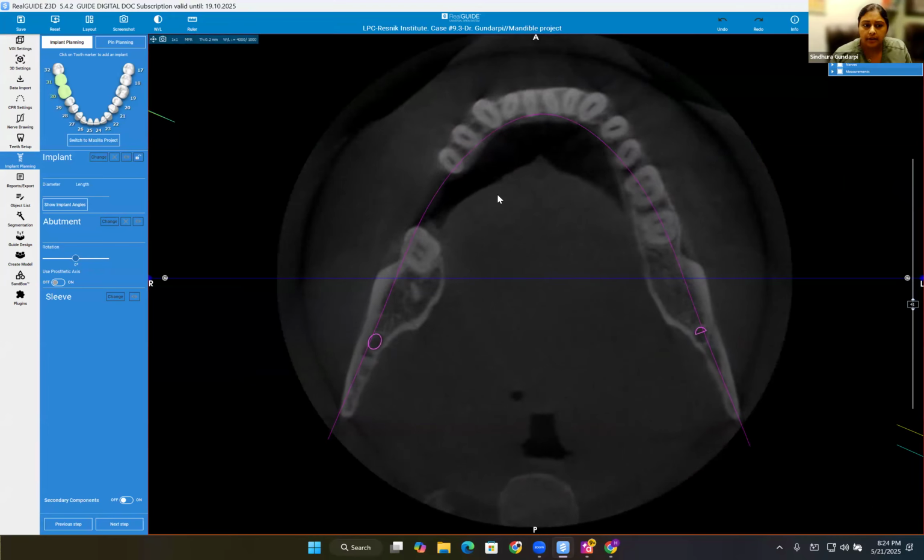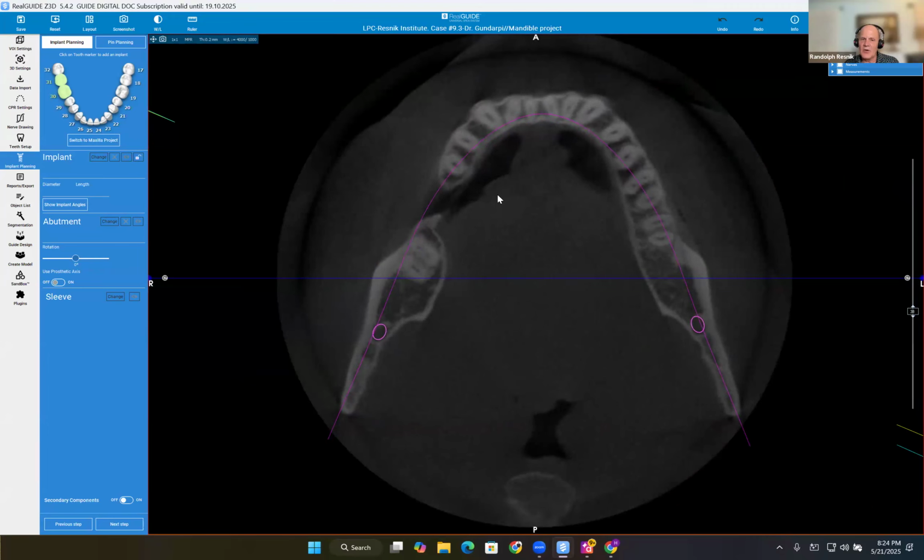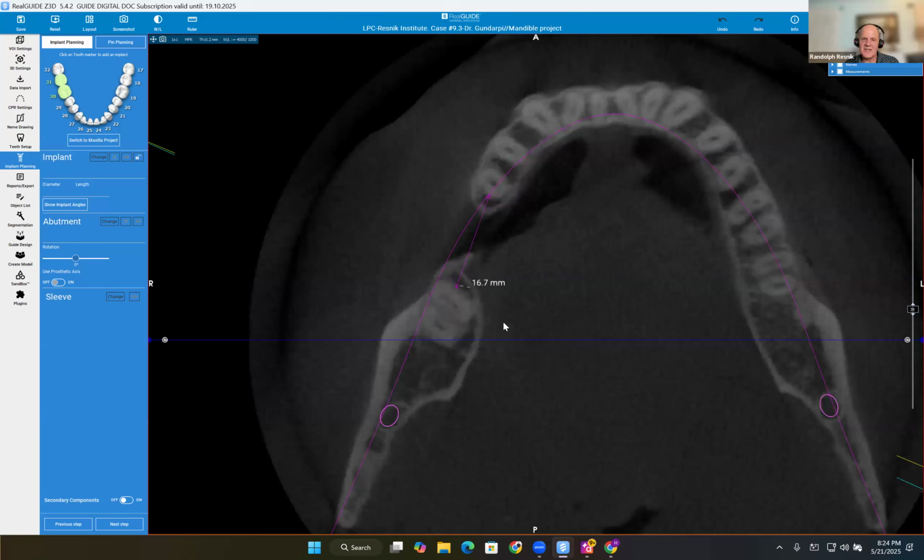So always look in the axial view and go about the CEJ, which is about there. Oh, you already measured. See, he's already thinking what I'm saying. So it's 16.7. So, Doc, that's really way too much space for one implant. Usually what we do is 2 bicuspids in this type of situation.